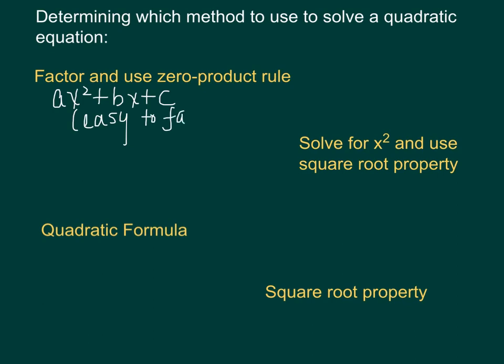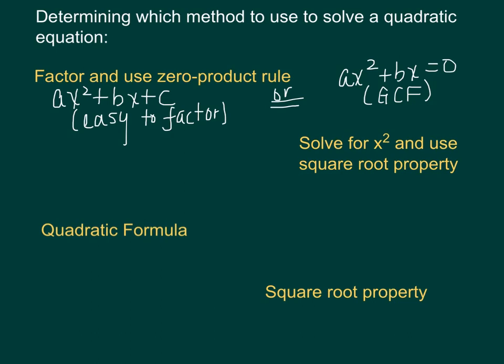You definitely want to use this method. Or it's in this form where there's no constant term. You can use GCF, find the greatest common factor, and then use the zero product rule.